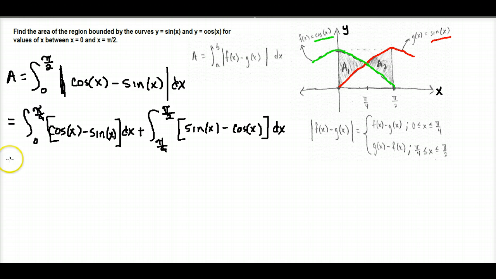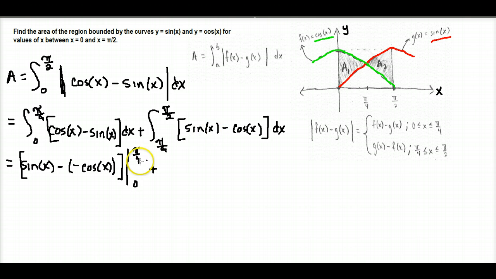Okay, so here we know that this is going to be sine x, and this will be minus a negative cosine x, and this will all be evaluated from 0 to pi over 4.